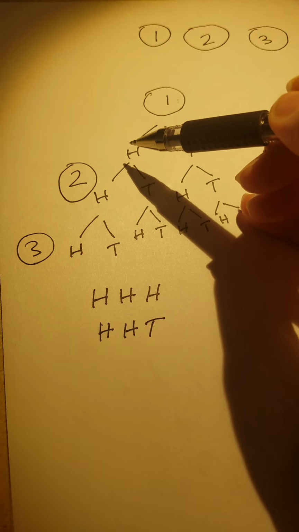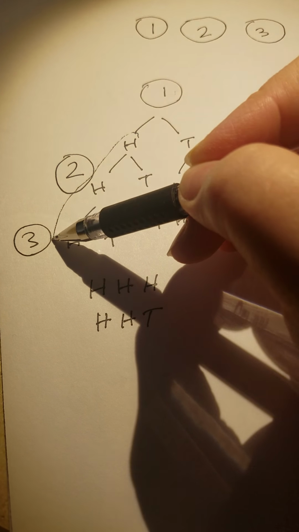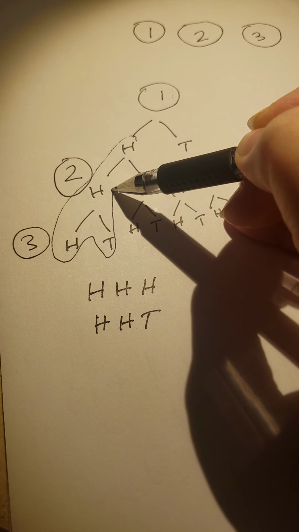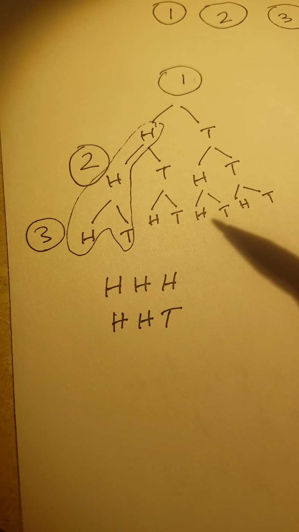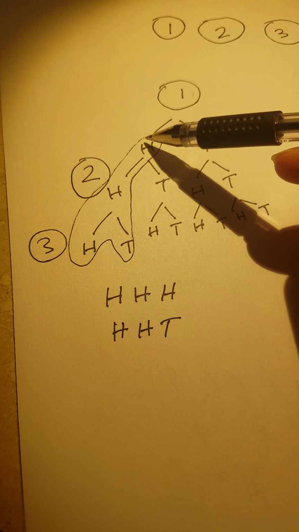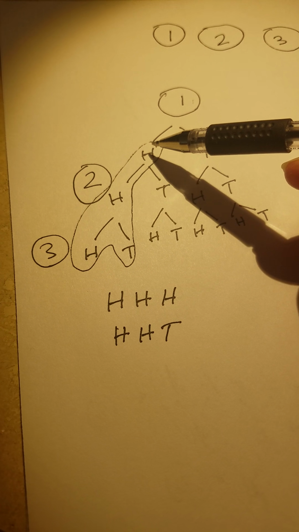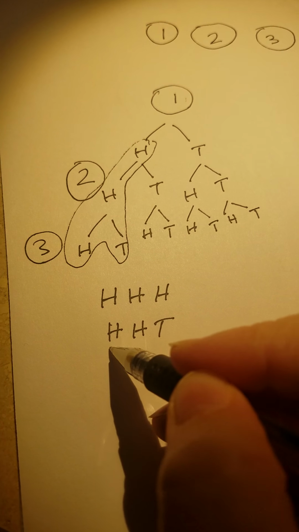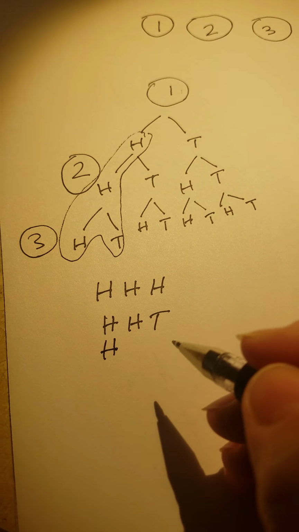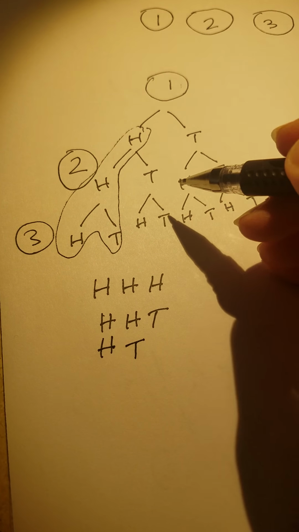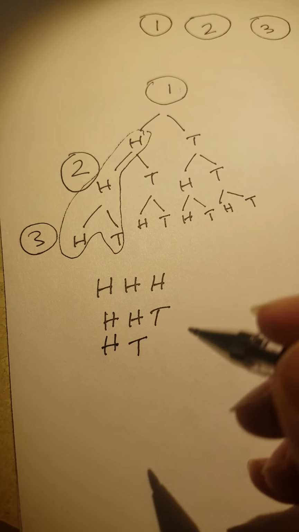Now, so we've looked at all of this. Now, we want to look at other options. What about if coin number 1 lands on its head? Coin number 2 this time lands on its tail. Coin number 3 lands on its head.